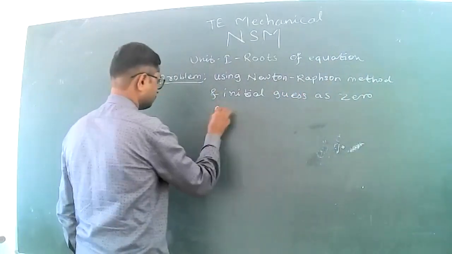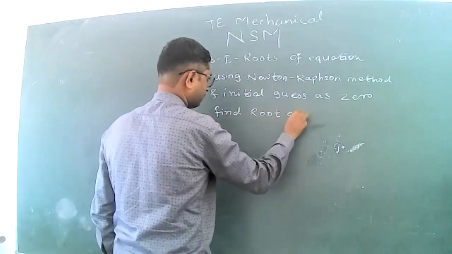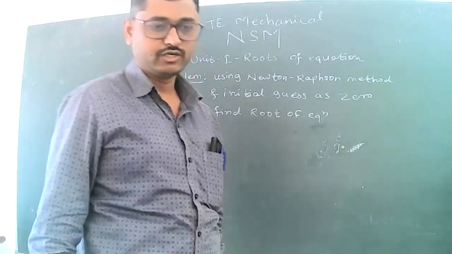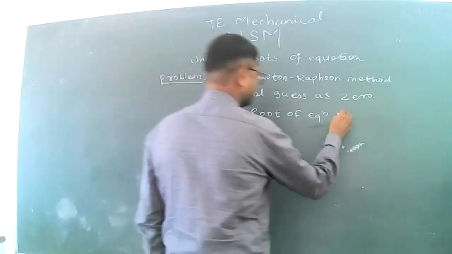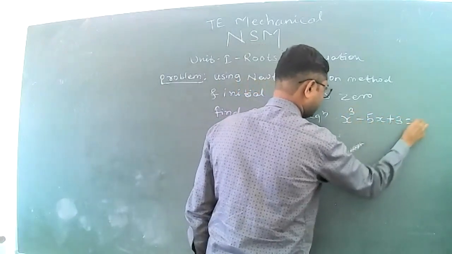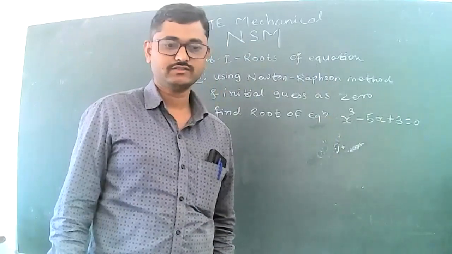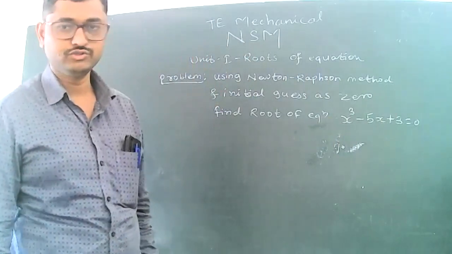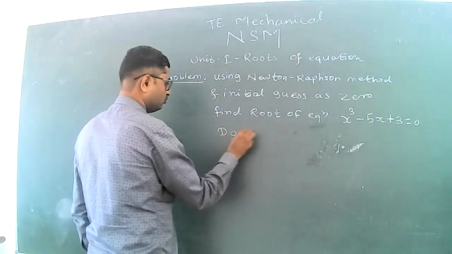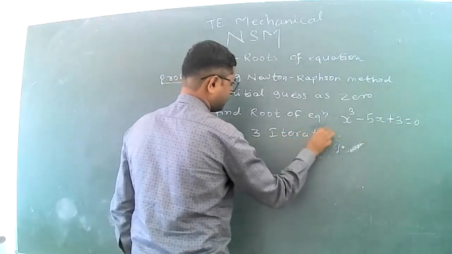Find the root of the equation. The equation is x cube minus 5x plus 3 equal to 0, and it is asked to do 3 iterations only.